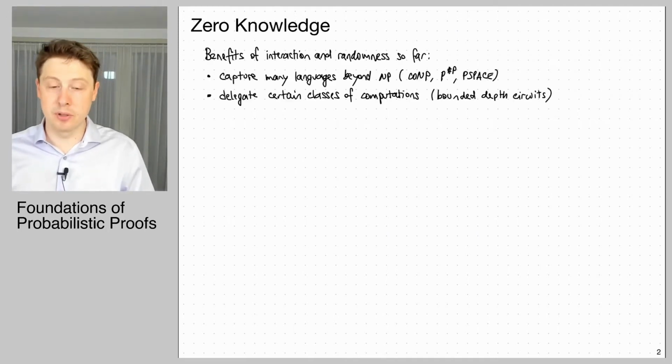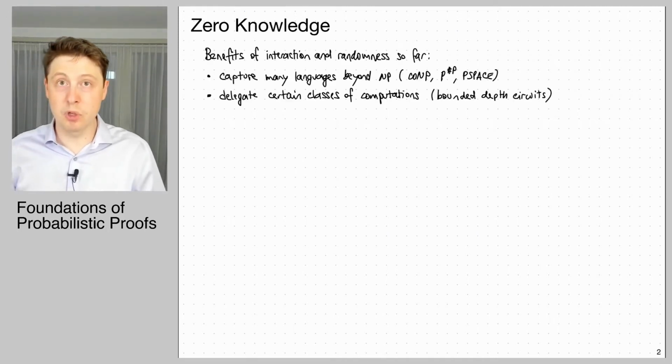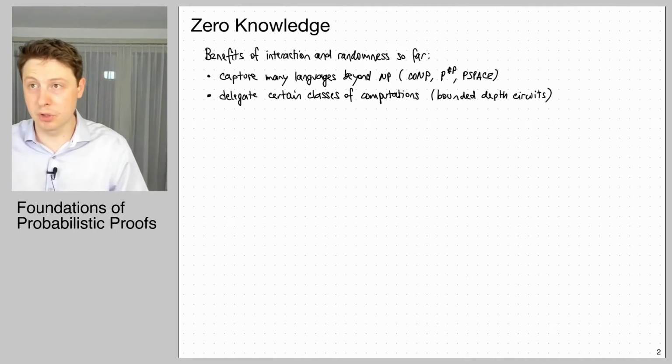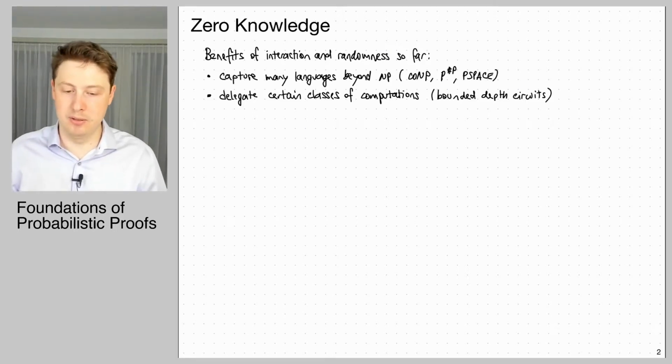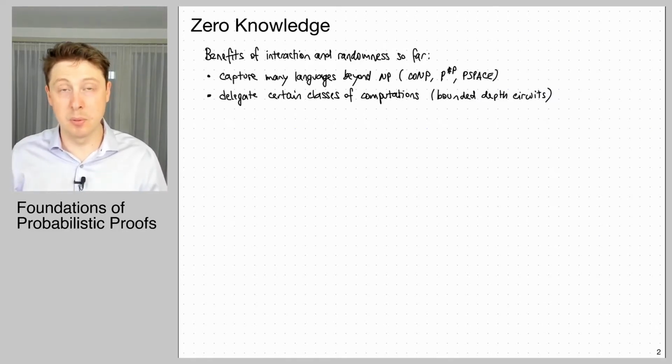So far, we've been studying interactive proofs, which capture formally the benefits of interaction and randomness insofar as the verification of languages goes. And we've seen various benefits. For example, we saw that through interaction and randomness, we're able to capture many more languages beyond classical mathematical proofs: coNP, P to the sharp P, and all the way up to PSPACE.